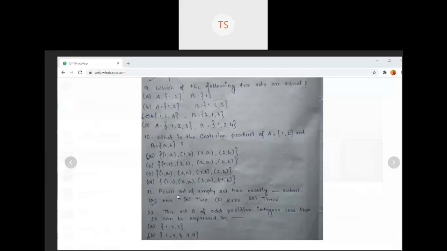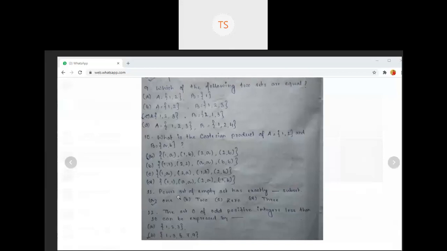Now, question number 12. The set O of all positive integers less than 10 can be expressed as, which is the correct set with members for that particular set.